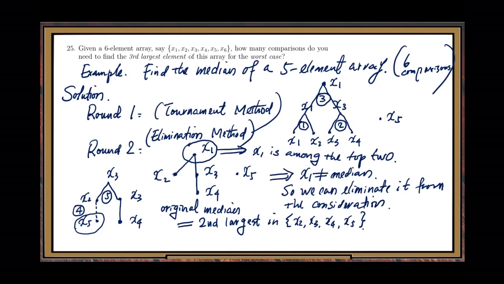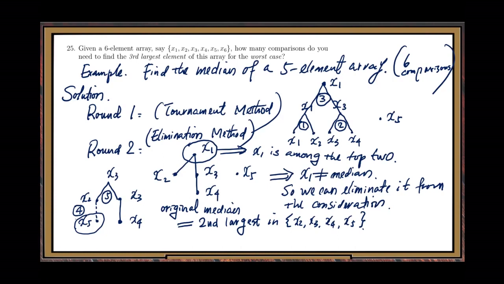So only x2 has a chance to be the second largest, and x5 is smaller than x2. Other than the largest, there is one element above x5. So x5 cannot be the second largest.